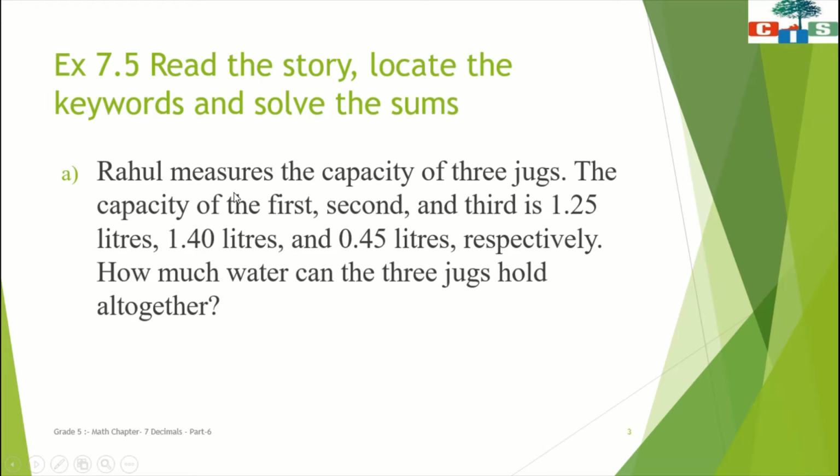It means the capacity of the first jar is 1.25 liters, the capacity of the second jar is 1.40 liters and the capacity of the third jar is 0.45 liters. Now we have to find how much water the 3 jugs can hold all together. What we need to find? We need to find how much water the 3 jugs can hold all together.